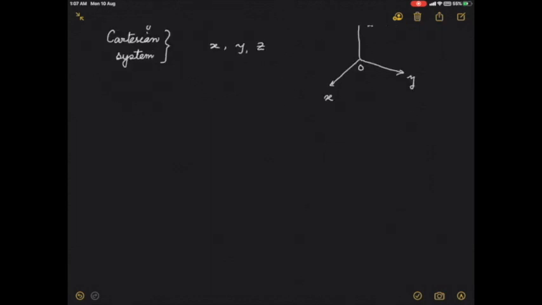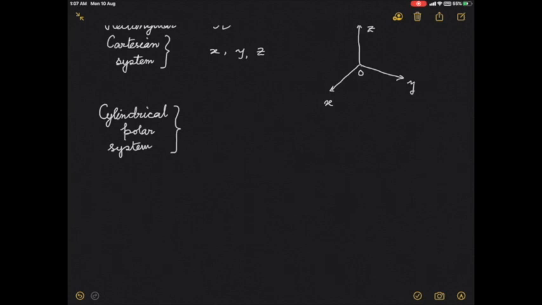We can also have a cylindrical polar coordinate system. Here the symbols I write usually as rho, phi, and z. And it is a little different than the Cartesian.